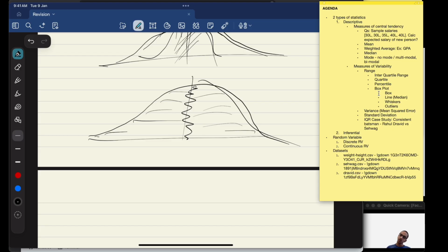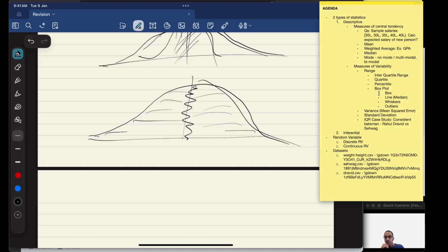And one might ask, what is the use of finding the central tendencies and variability? What is the use of finding the spread? Central tendency, like I said, is meant to find the typical value of any data set. Let's say I have the list of heights for a particular city.